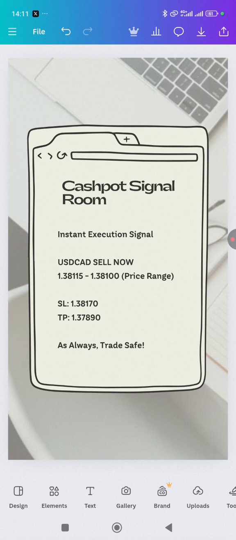But because of the analysis and the setup, you will see a range of pricing that is going to give you a good profit range. So for instance, you see from here 1.38115, between this price and 1.38100. So this is a good price range that you can pick from.